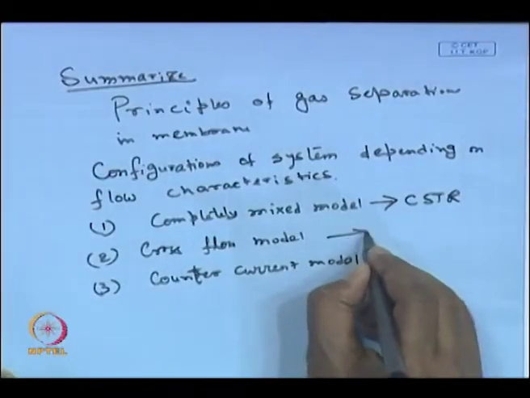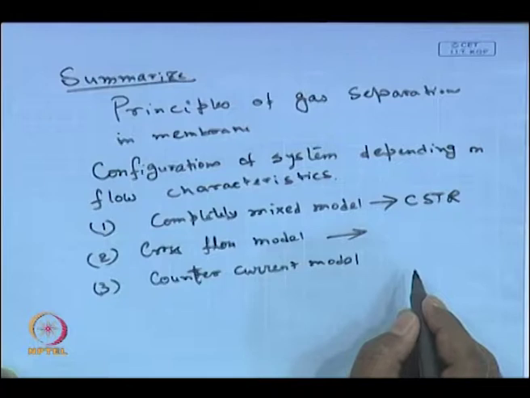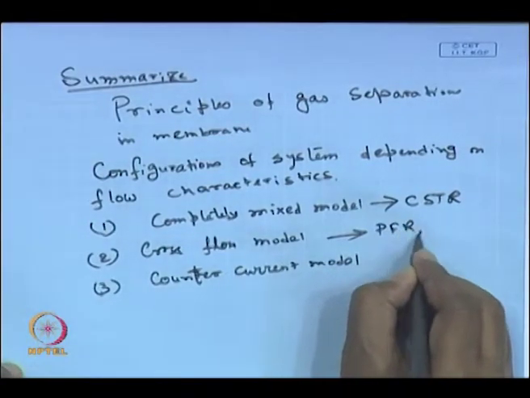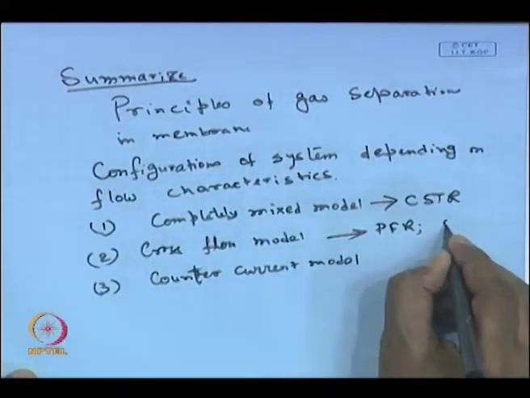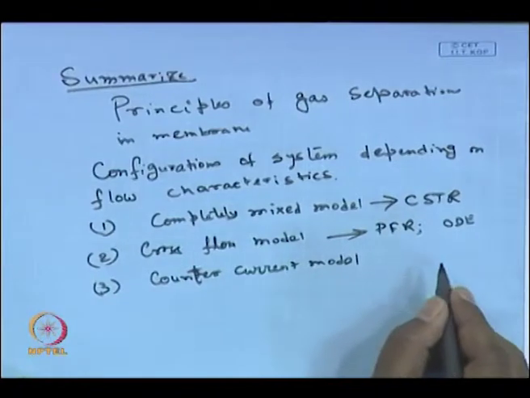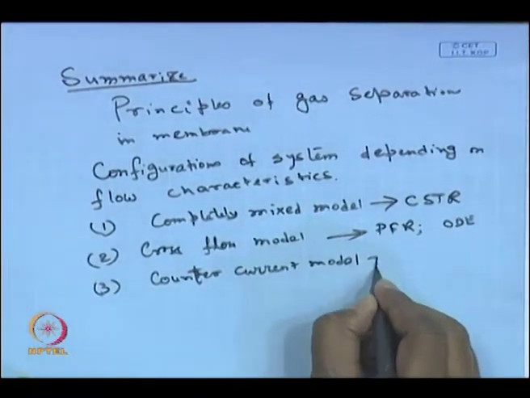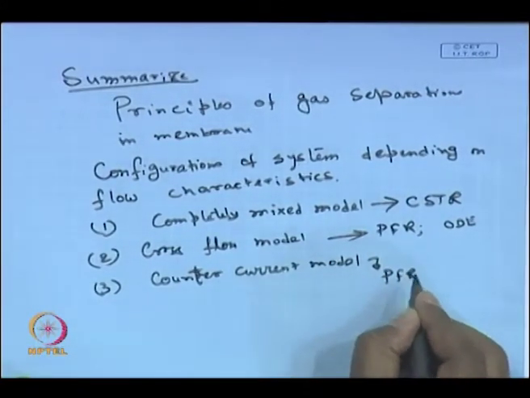Next one is the cross flow model. Here we found out that it is like a plug flow reactor, and the concentration of the solute will vary as a function of membrane area or the length of the module. So, therefore, the governing equations were ODEs, and this case is much simpler, and we got almost an analytical solution in our model. And the counter current model is also like a plug flow reactor.